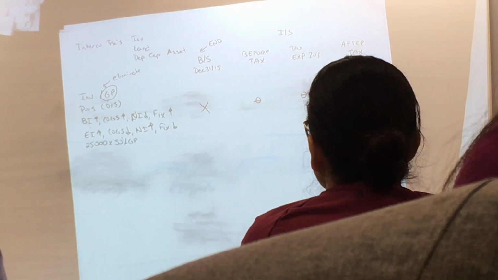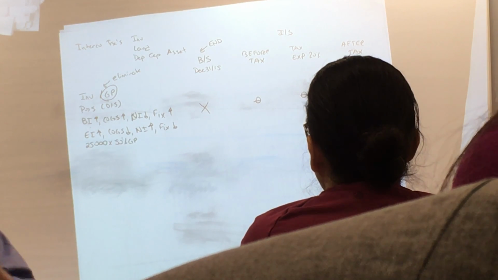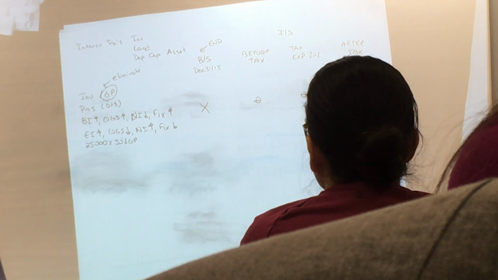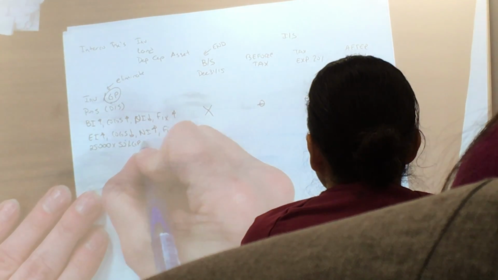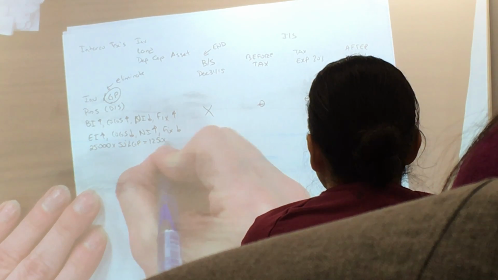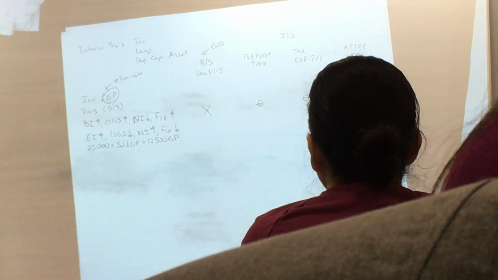So don't take cost of goods sold, convert that into gross profit. If it's 70% cost, it is 30% gross profit. So be careful of that. Anyway, so we have 12,500, which is the gross profit.